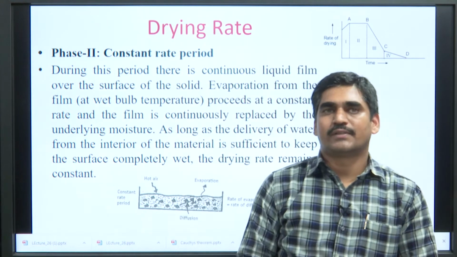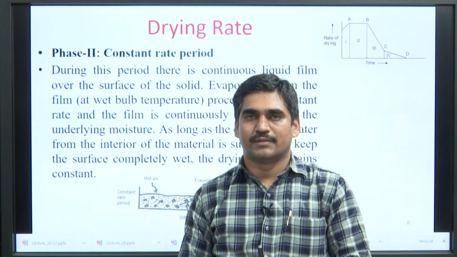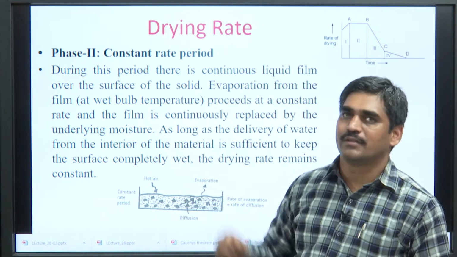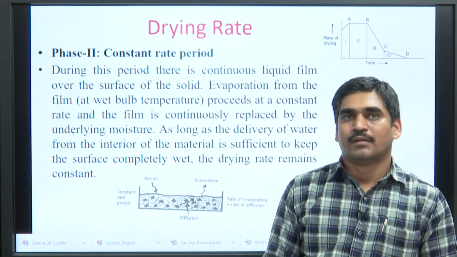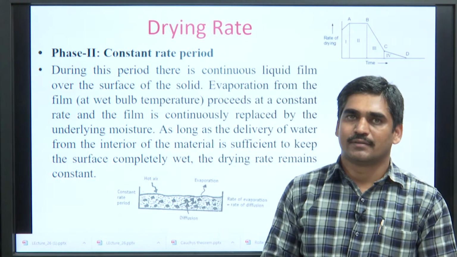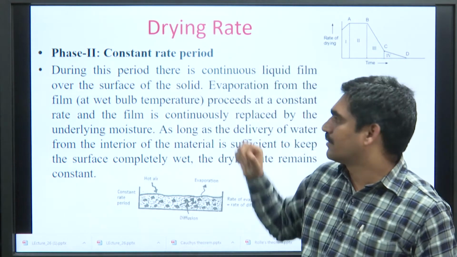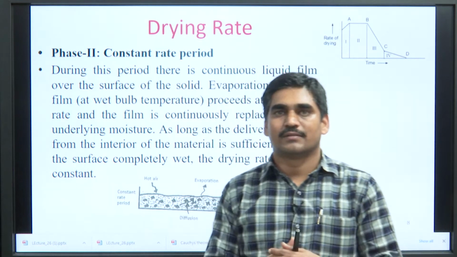Now, after some time, that is during phase 2, called the constant rate period. During this period, what happens? There is a continuous liquid film over the surface of the solid.